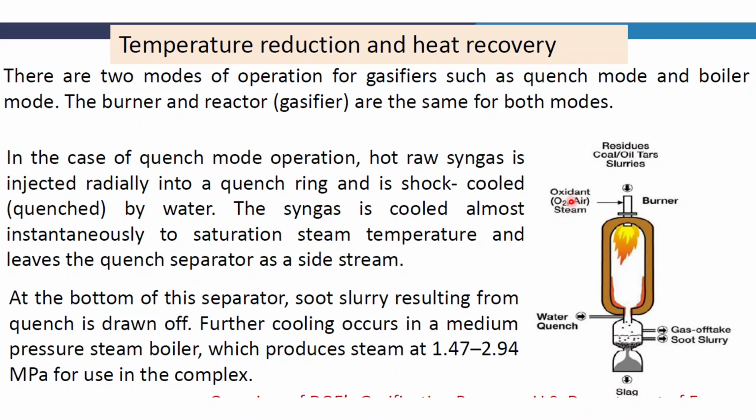For the cooling of syngas, two modes are used. The first one is quench mode and the second one is boiler mode. In quench mode, we introduce the oxygen and steam from here and the coal also from the upper side, and syngas formation takes place. This syngas is quenched by water shock, that is, it is instantly cooled, and the bottom ash gets settled at the bottom of the separator.